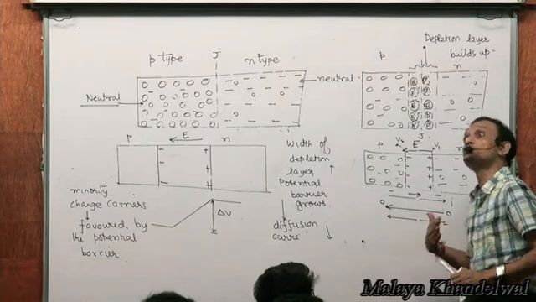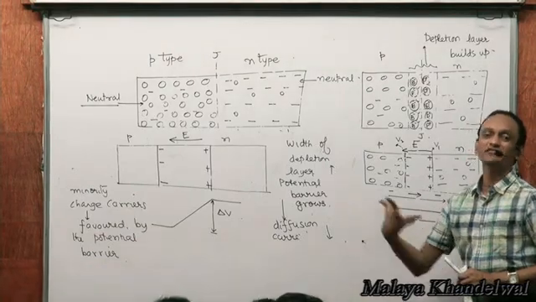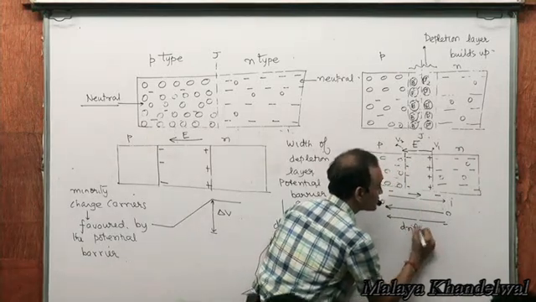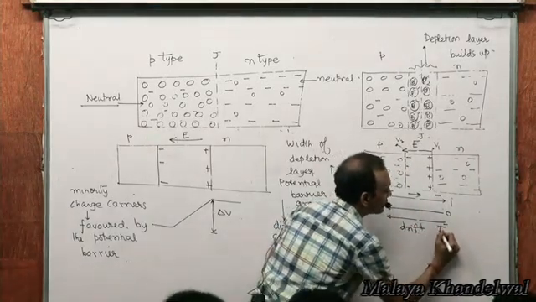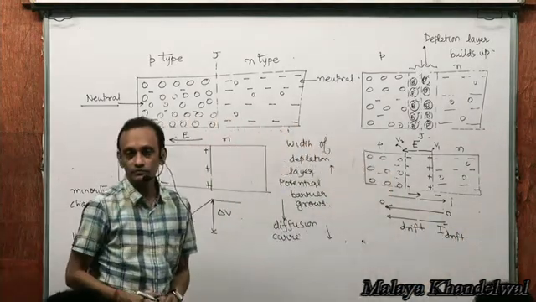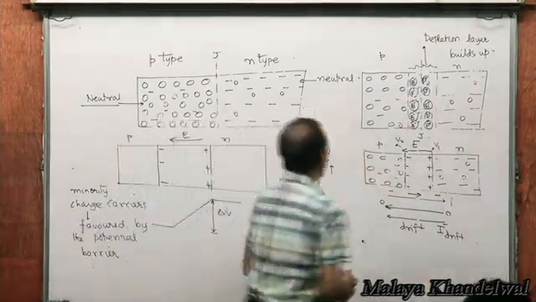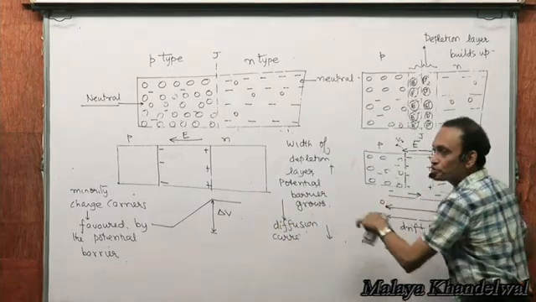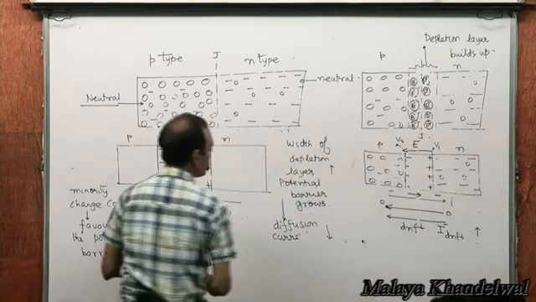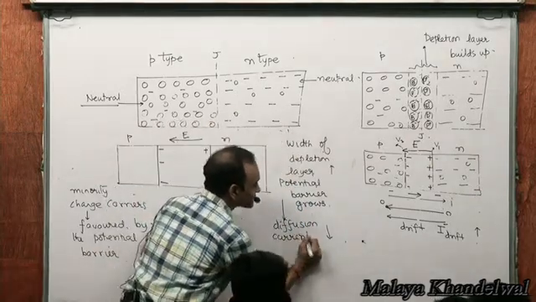It's a drift current. This current is drift. This is not diffusion. It's an I drift. And do you realize, as the potential barrier grows, drift current will increase. And what will happen to the diffusion current? It will decrease.